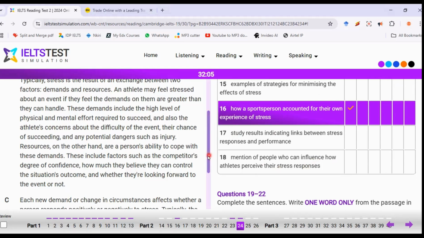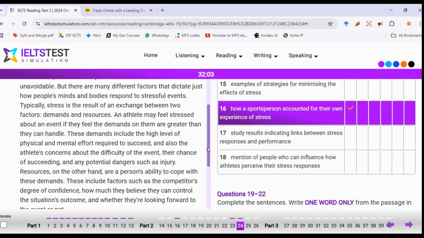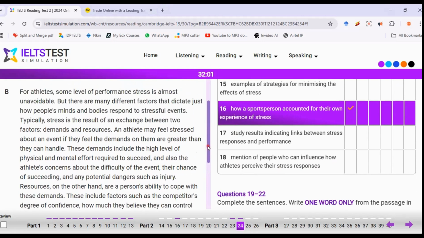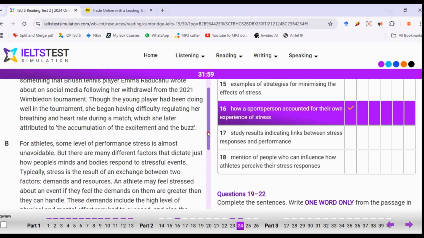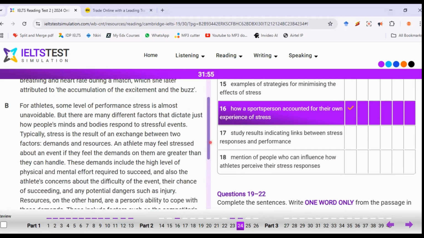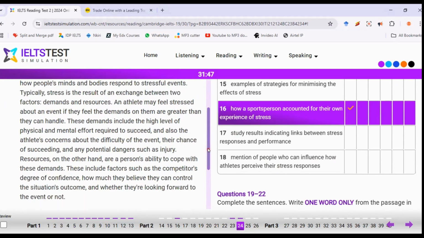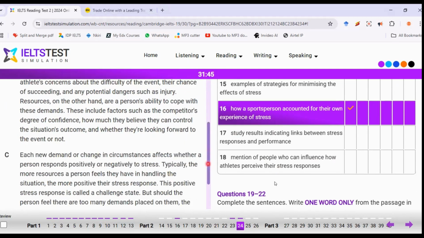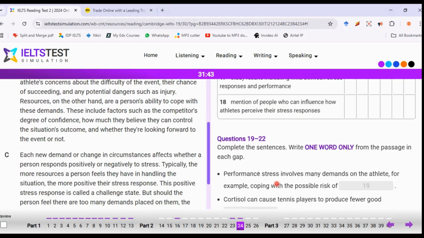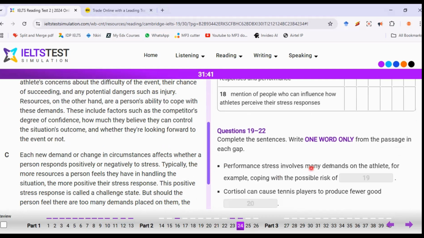People who can influence. There's a place where I saw people influencing something. The athletes may feel stressed. Okay, I don't think the answer is there. Number 19, performance stress involves many demands on the athletes.